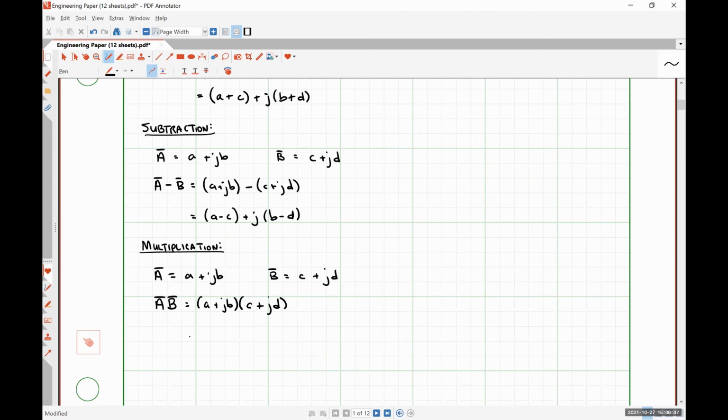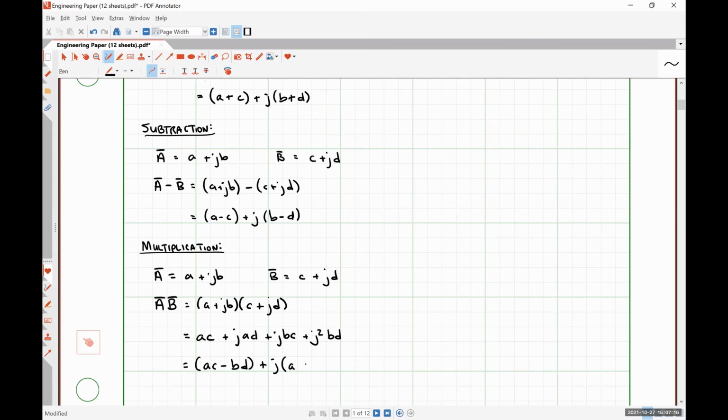So I'm going to have a times c plus j a times d plus j b times c plus j squared b times d, which is going to be the same as (ac minus bd) plus j(ad plus bc). That minus sign comes from the fact that j squared is -1.